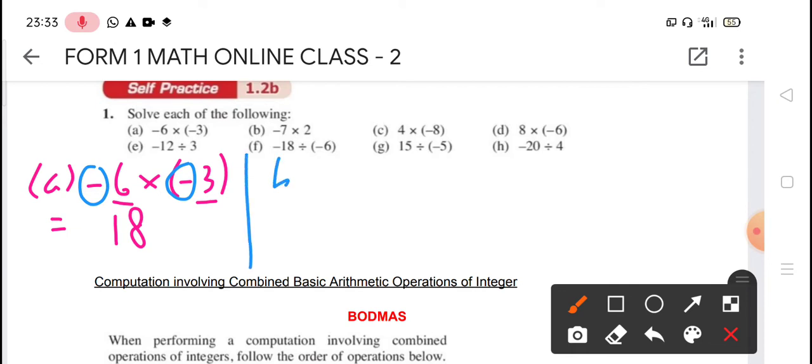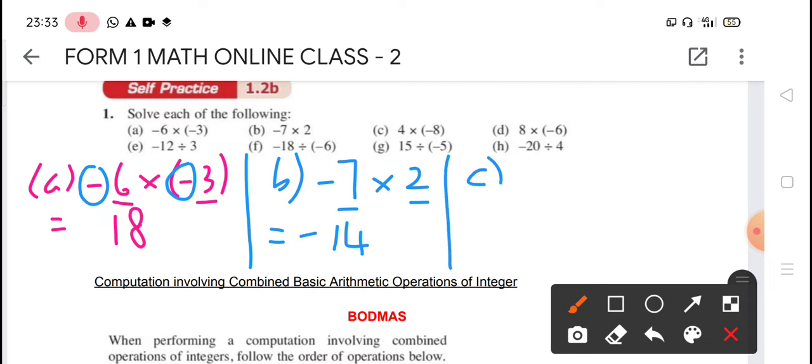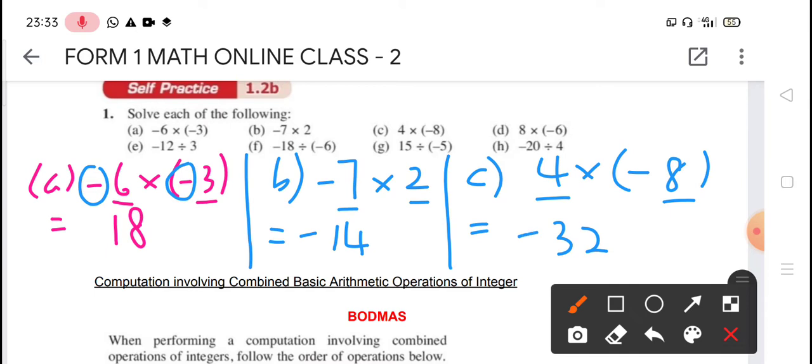Next, question B, negative 7 multiply 2. 7 multiply 2, 14. Negative, positive, different symbols, so you get negative. Next, question C, 4 multiply negative 8. We multiply the numbers first, 4 multiply 8, we get 32. Positive, negative, different symbols, so negative.